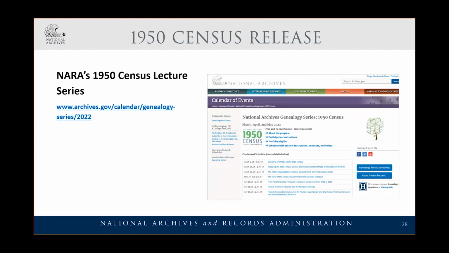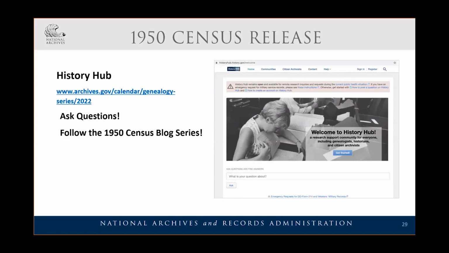Our 2022 genealogy series features lectures about the 1950 census, including an overview of the census content, enumeration district maps, the story behind the Indian reservation schedule, the history of the census, and much more. The History Hub is a joint venture between the National Archives and the Library of Congress, which offers the public an opportunity to ask questions about any and all records in the National Archives.